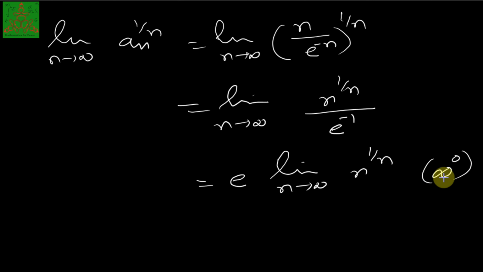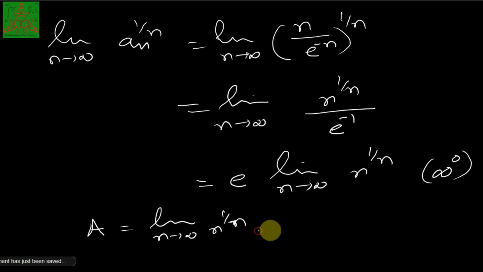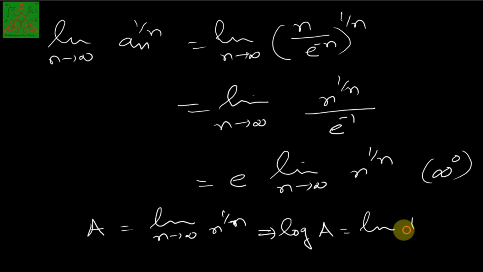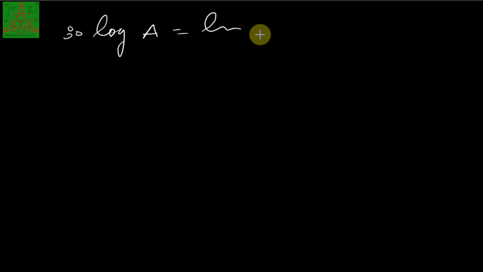So I will calculate this limit separately. Let us say that the limit, capital A, is equal to the limit of n^(1/n) as n tends to infinity. To do this, we will apply the log on both sides. So that will imply log A is equal to the limit of (1/n) log n as n tends to infinity, which we can rewrite as the limit of log n upon n.